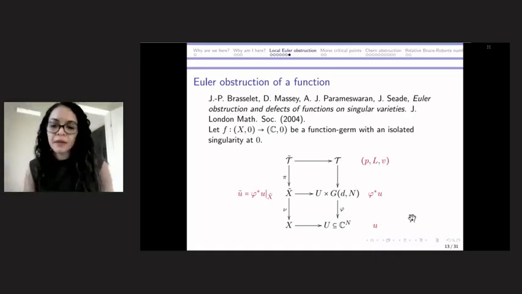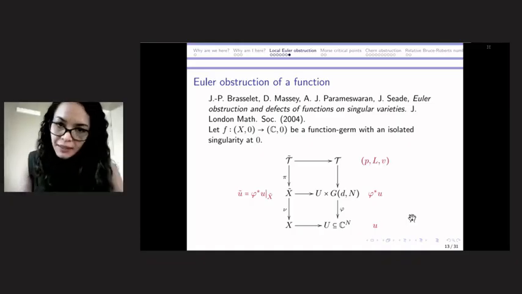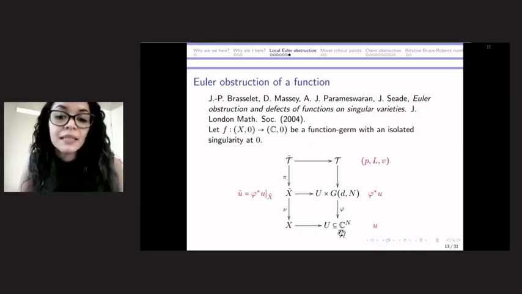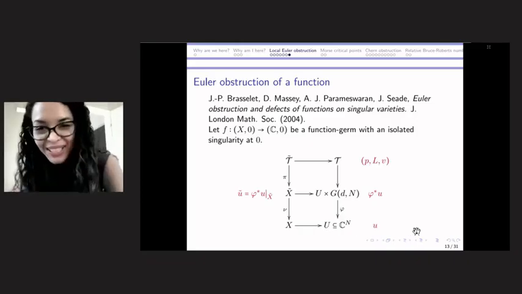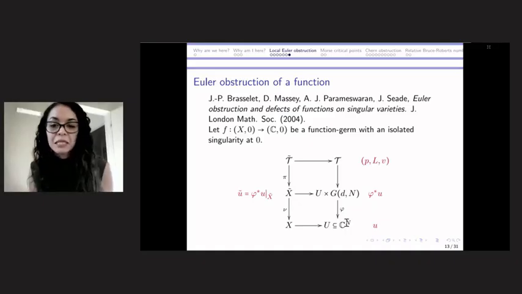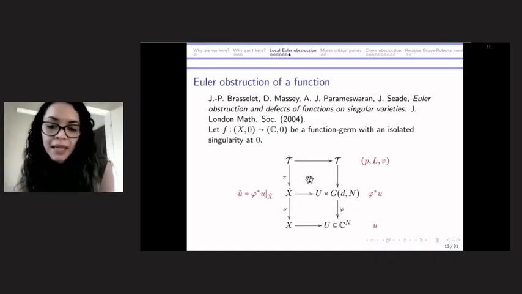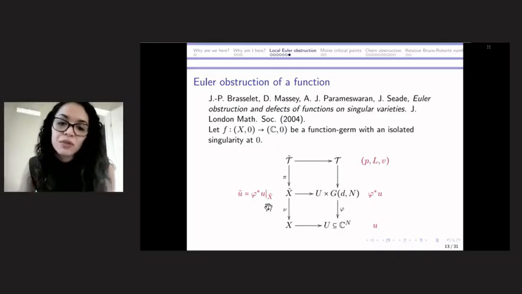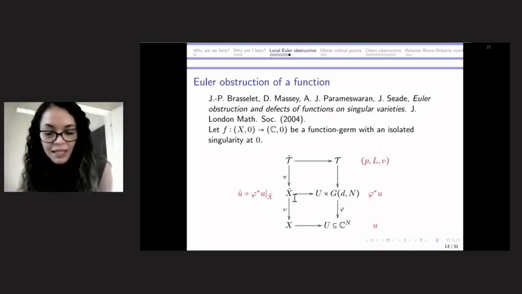Very good. This is actually constructed in the ambient space, and again, we can make the pullback to the Cartesian product and restrict to the Nash modification, all right?